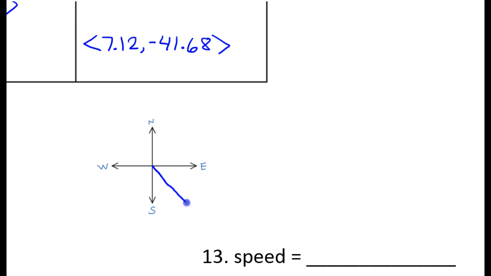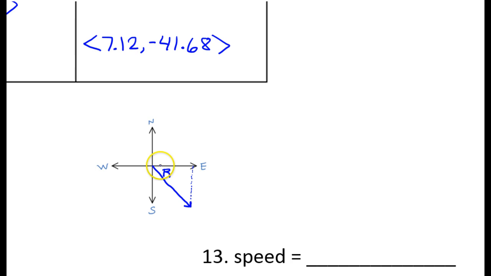So let's just draw ourselves a vector into the fourth quadrant, and then go ahead and make a triangle out of it so we can do our analysis. And it will be helpful to know what the reference angle is. This is the reference angle, the angle between the vector and the x-axis.